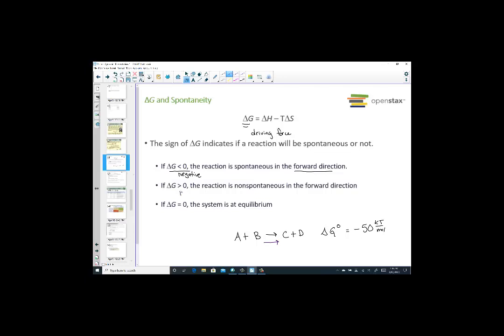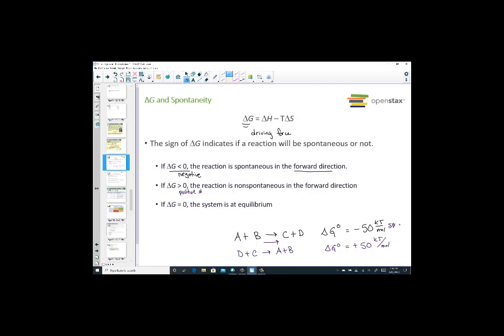If delta G is a positive number, the reaction is not spontaneous in that direction. So for instance, if I were to look at A plus B yielding C plus D, what if we reverse that reaction? Read it in the opposite way. Delta G, of course, which is a state function, would become a positive value, reading it in the reverse direction.